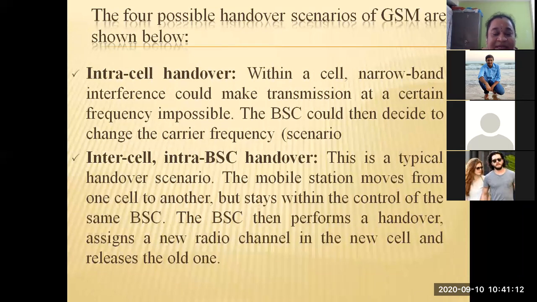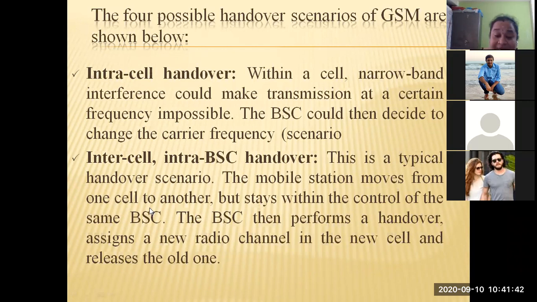The first time we tried, our call was not connected, and on the second call itself, we get connected to our receiver. What happens in that moment is that our base station controller changes our carrier frequency. That is nothing but the process of intra-cell handover. We are present in the same radio cell itself, but we are changing our carrier frequency to get connected with the receiver. That is one of the categories.